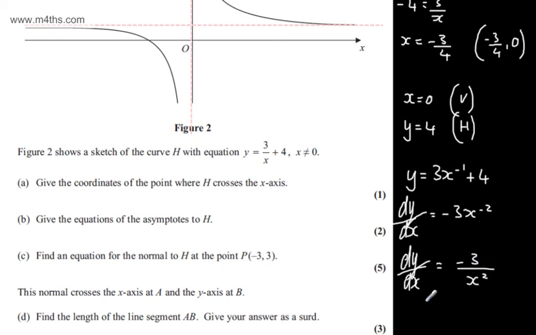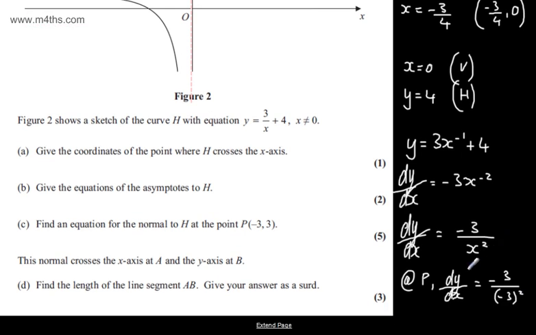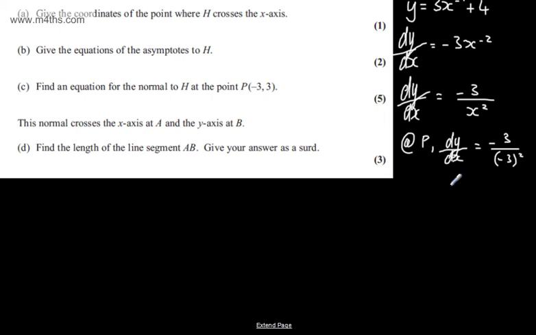If we consider the point P, we can say now at P, dy by dx, the gradient of the tangent, will be minus 3 over minus 3, which we need to square. That's going to give me the value of minus 1/3.